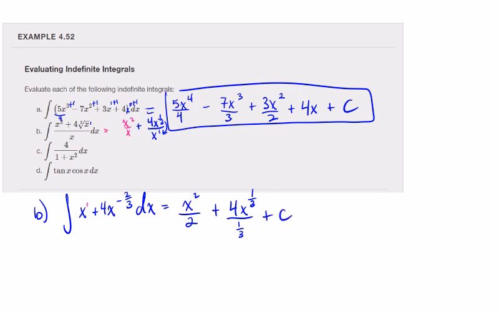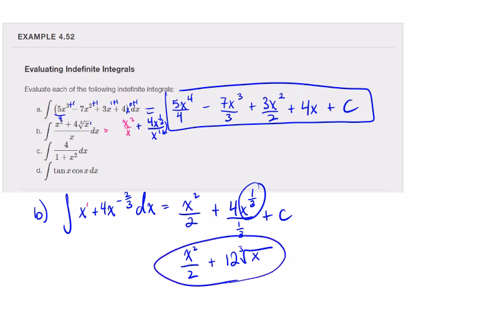Then we get x squared over 2 plus 12, and I'm going to change this back to radical form since that's how we started out, so it's cube root of x. Now remember, if you're ever not sure, you can always take the derivative of this and see if you get back to what we started with. Then plus c, and that's it.